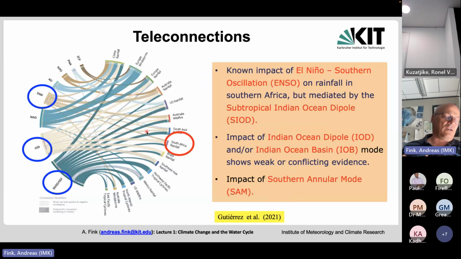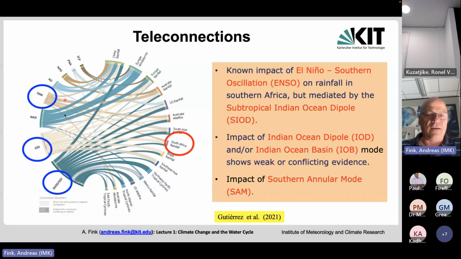Now I'm going away from discussing the synoptic system. I go to what is called teleconnections. And I think most of you will have heard of it. For example, the El Nino Southern Oscillation.